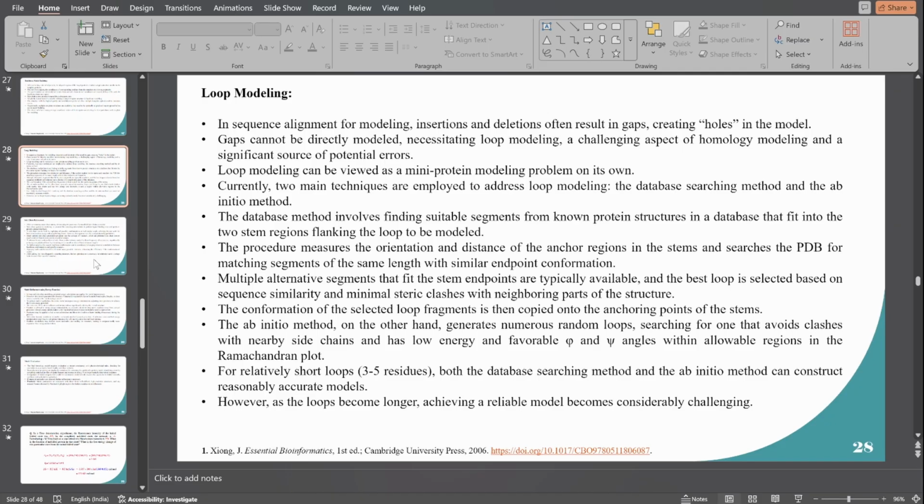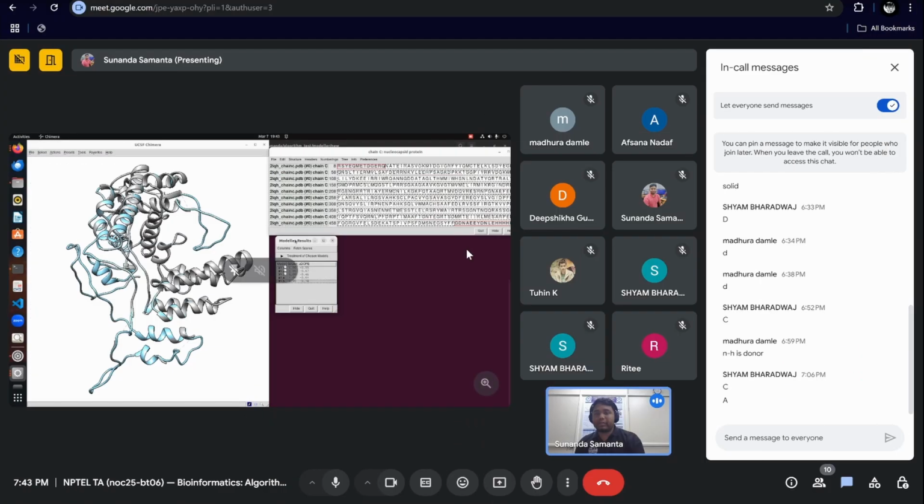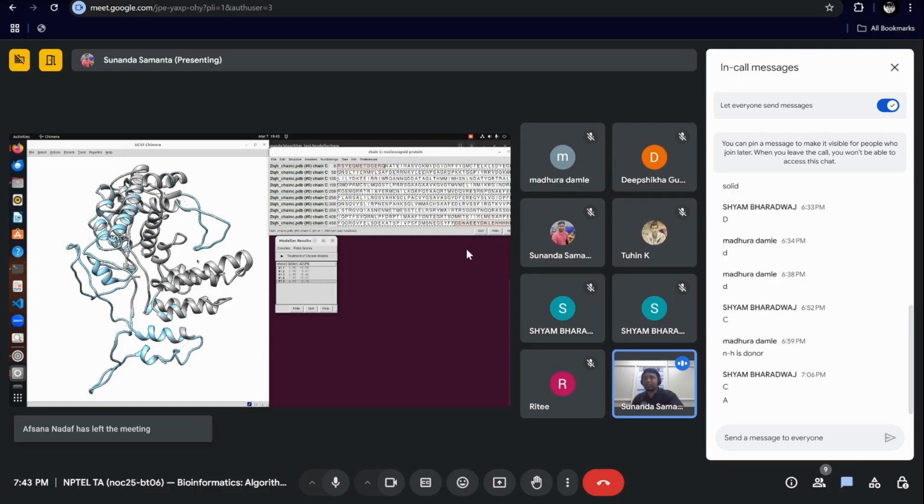In the loop modeling, what the protocol was doing is that whenever there was a gap in the alignment, for example in homology modeling, it was either searching the PDB database for similar sequences in some other proteins, so that it can take the structure from there, or it was using ab initio protocols. The ab initio protocol was based on first principles, whether we can get the energy minimized structures for what the backbone should look like. Those kinds of processes are followed in this loop modeling.